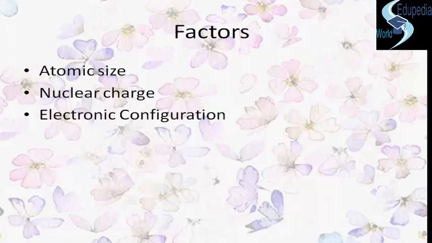The more protons there are, the greater the attraction the electron experiences. So the more protons, the more is the attraction of the added electron in the outermost shell towards the nucleus. More energy is given out, that is, more is the electron affinity.